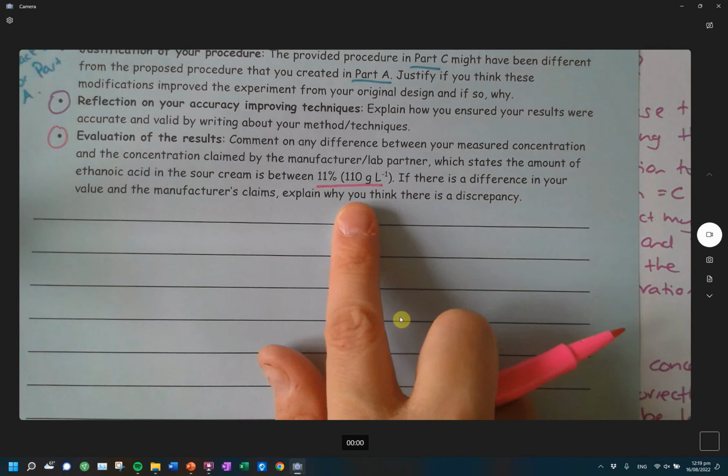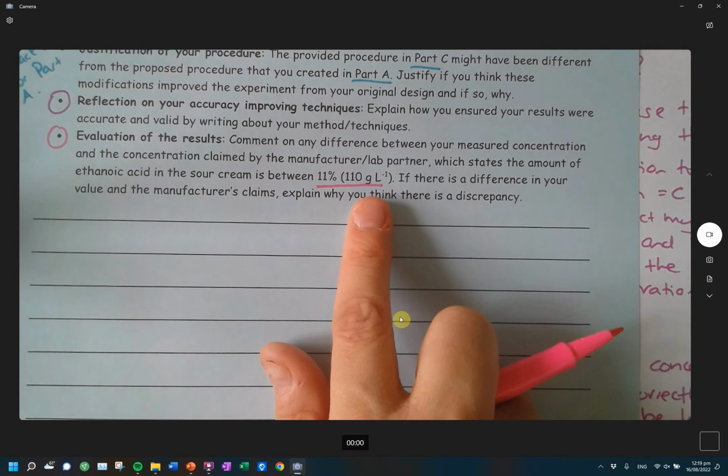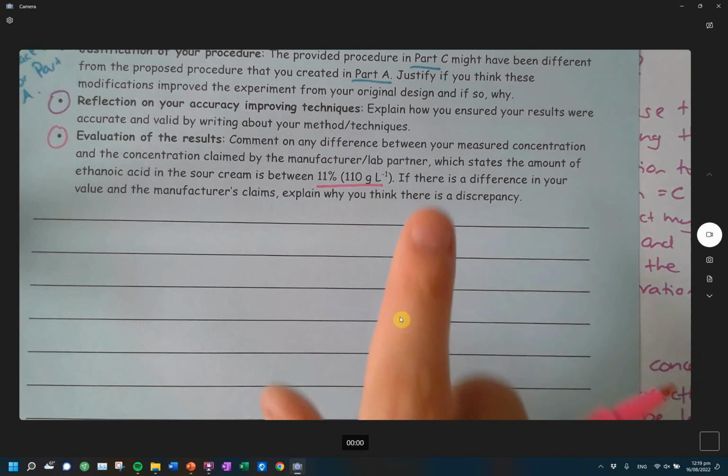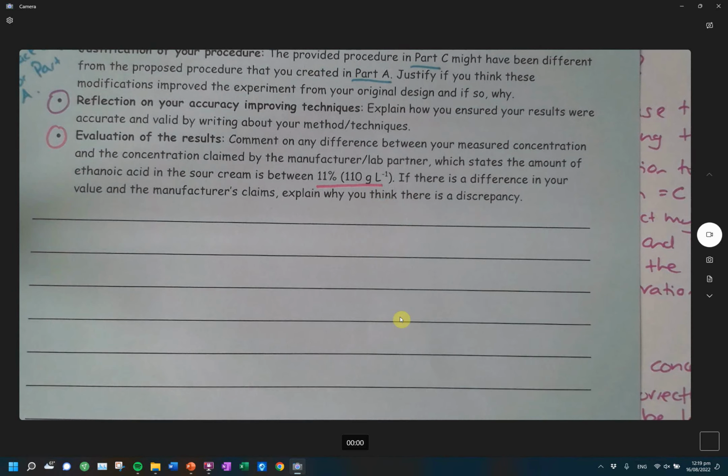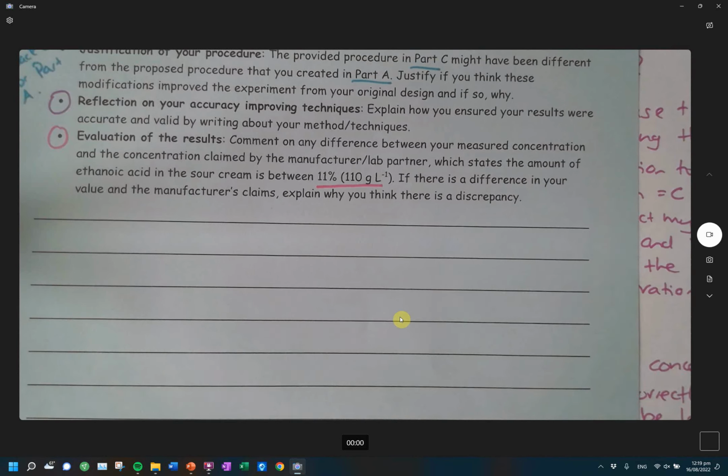So it should be 110 grams per liter. Did I get that number? No, so something is wrong, and that's fine. That's the whole purpose of this. You're trying to validate if the manufacturer or your lab partner is correct. And most likely, your answer for this is going to be no. And then you can explain why it is a no.